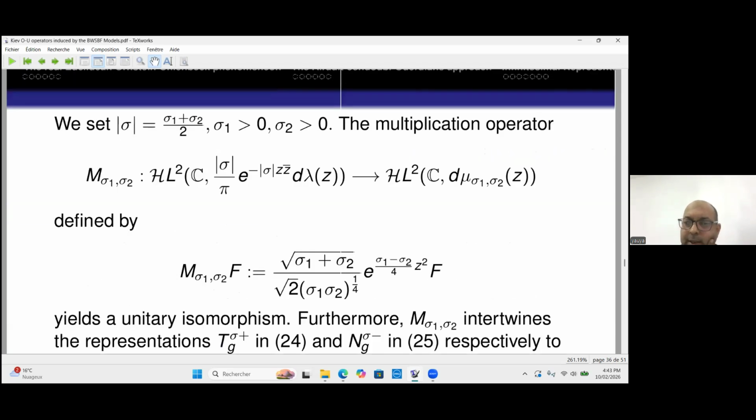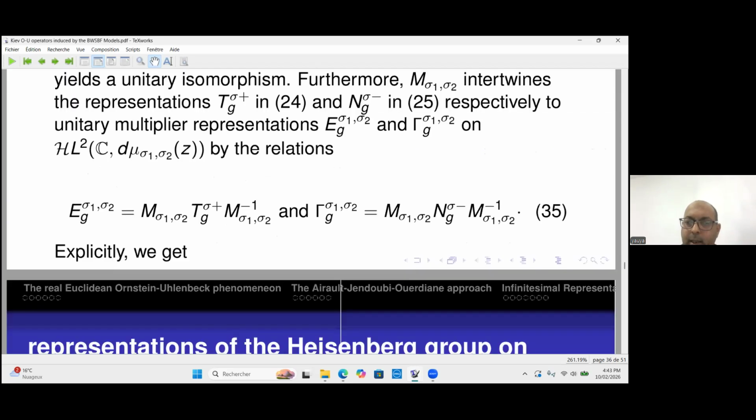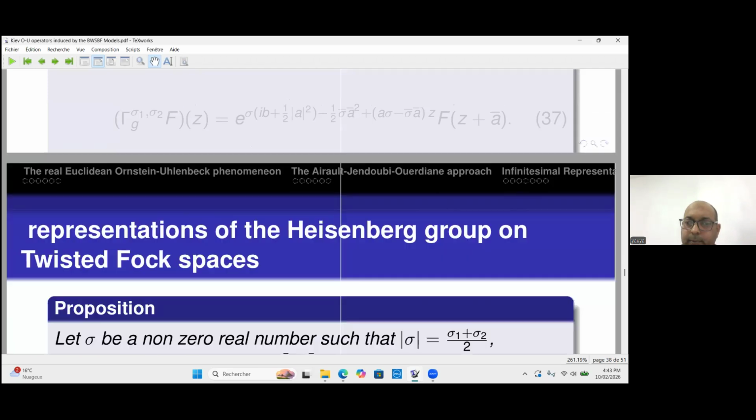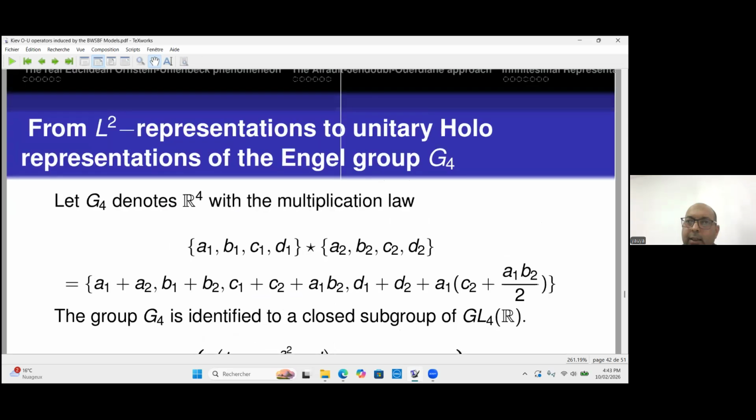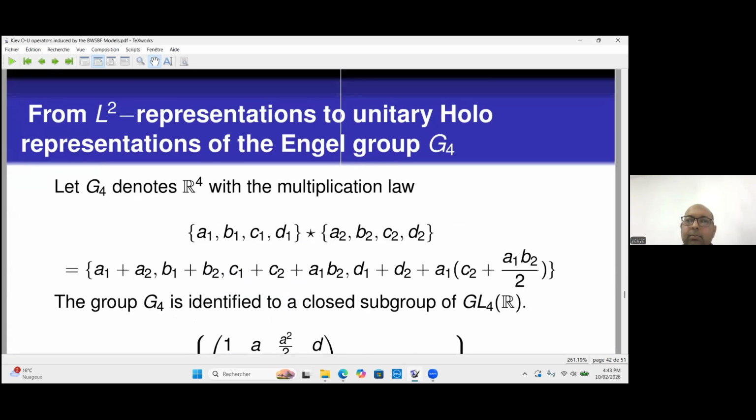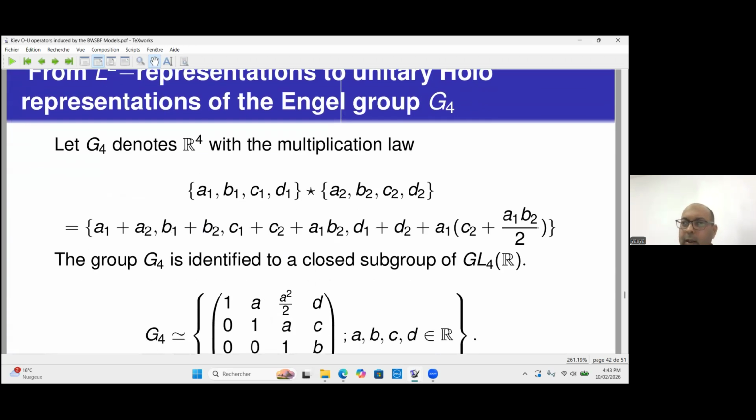So another example here is to take the so-called Engel group, G4, equipped with this multiplication law. In the first three coordinates the multiplication is like the Heisenberg group, but in the fourth one there is some function of the coefficients A1, B1, A2, B2, and C2.